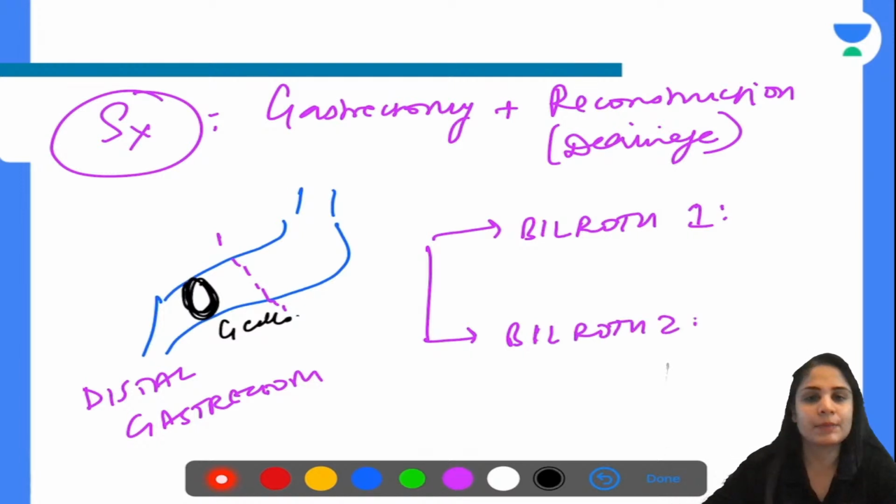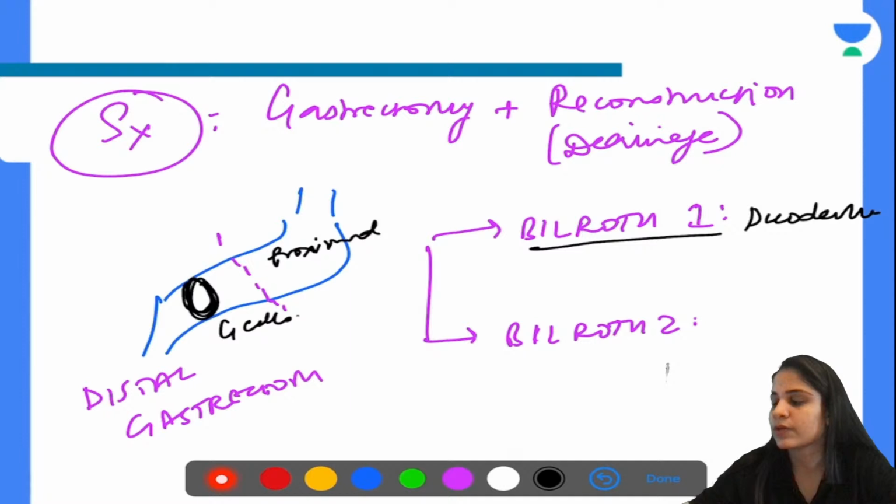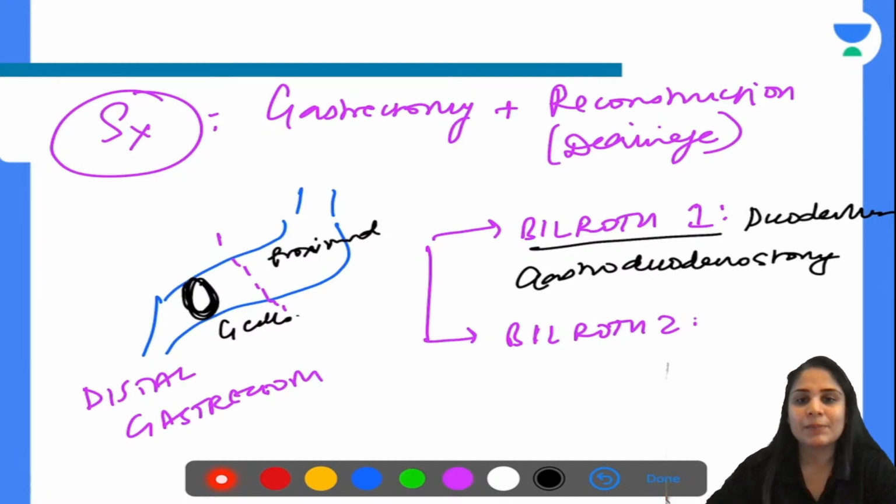Just remember, in Billroth 1, you are connecting the proximal part of the stomach to the duodenum. So you are doing a gastroduodenostomy. In Billroth 2, you are connecting the proximal part of the stomach to the jejunum.